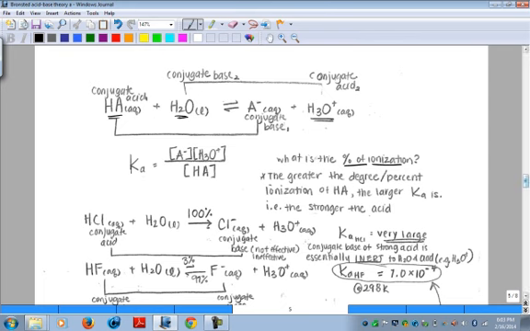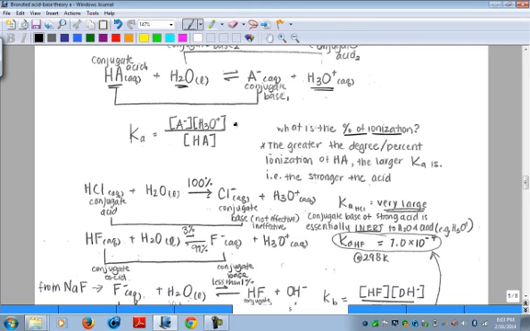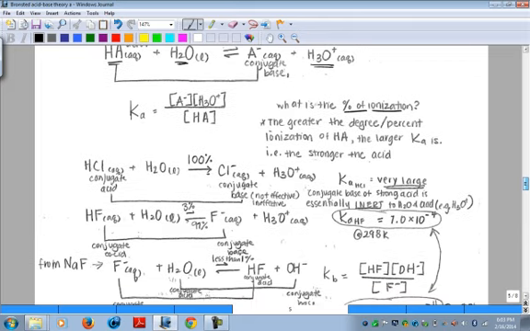If the Ka value is large, then the numerator, which is the A- anion and H3O plus cation, will be in relatively great concentration, and the denominator, the unionized acid, will be in a relatively low concentration. So you know there are 6 strong acids, for example HCl.